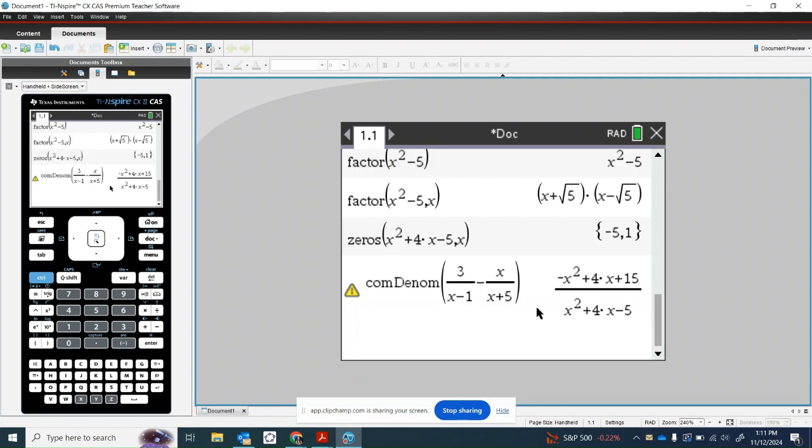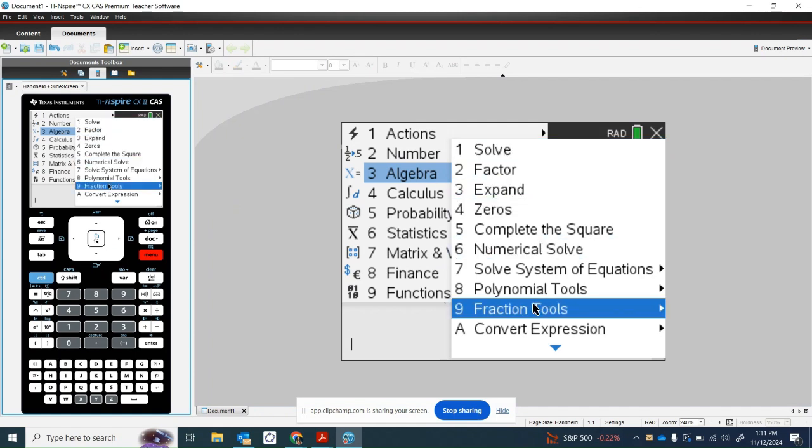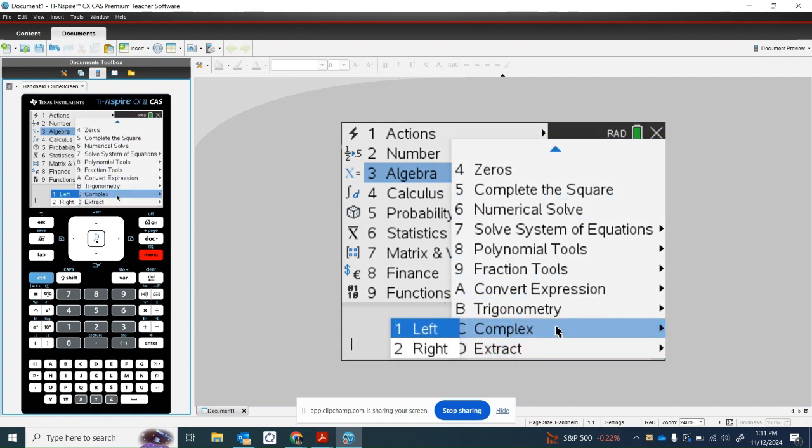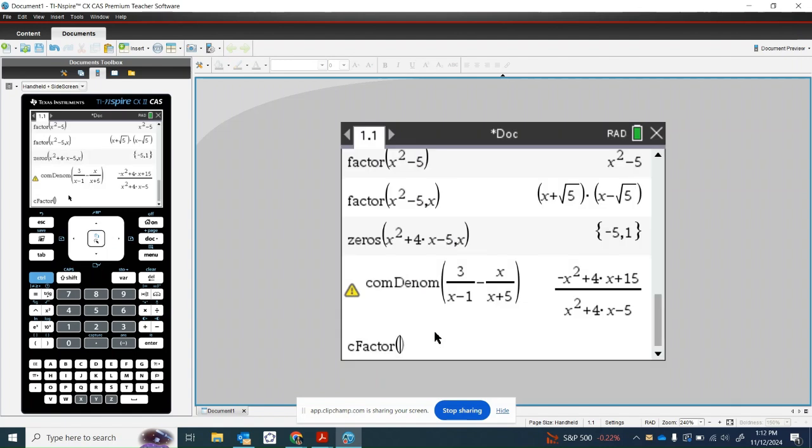If I needed to factor and I was going to have a complex number, complex result, I have that as well. So algebra, it's under complex. So I could solve with complex, find the factors, find the zero. So I could factor complex. So this would be like x squared plus 5.